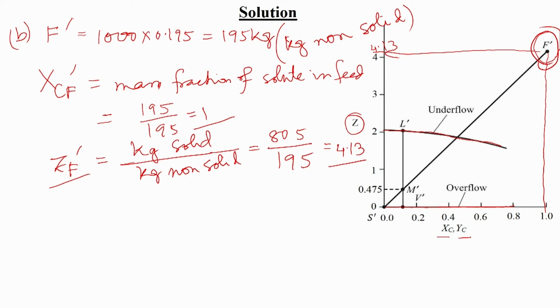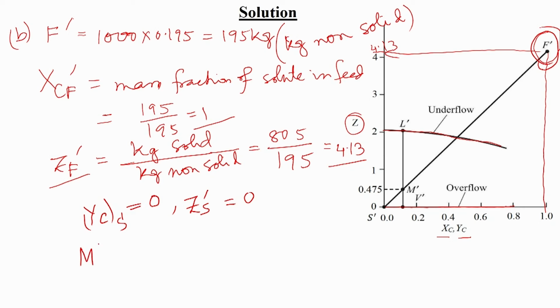Now, YC S prime. In the same problem here, the solvent is pure hexane. So YC S prime is 0, and again ZS prime will also be 0, because the target component is not present in the solvent.